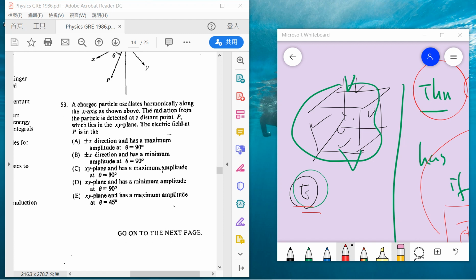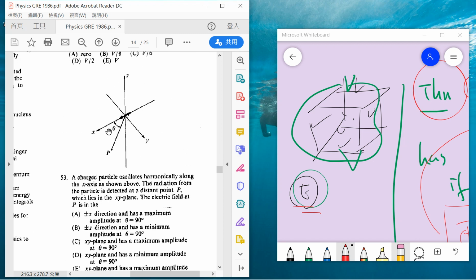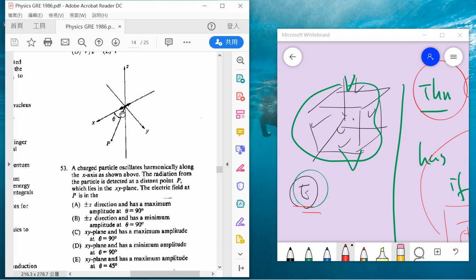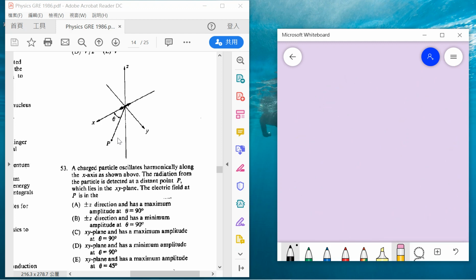Okay, 53. You have a charge which oscillates in the xy plane and you are asked about the electric field at P. Usually this tells you that you should use Griffiths' dipole field to solve it.